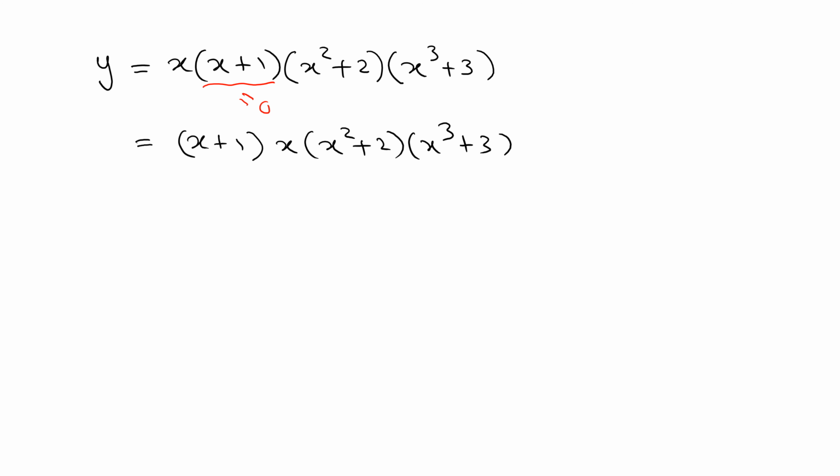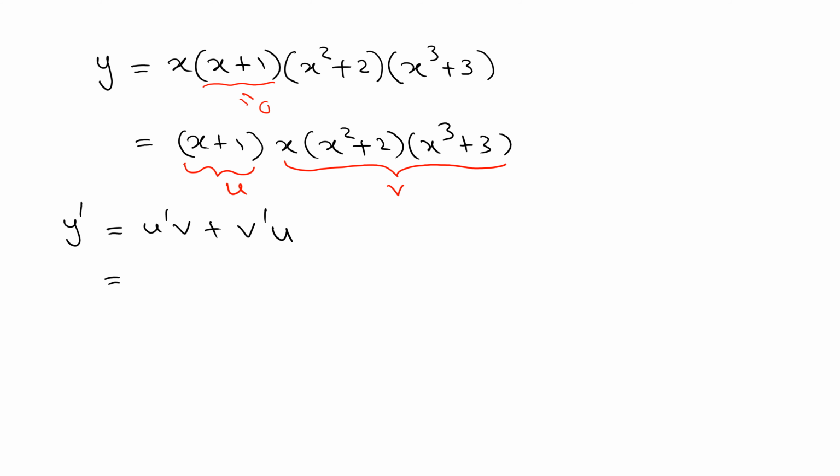Now we can take x plus 1 as u and everything else as v. You will see what happens when you take the derivative. The derivative is u prime v plus v prime u.